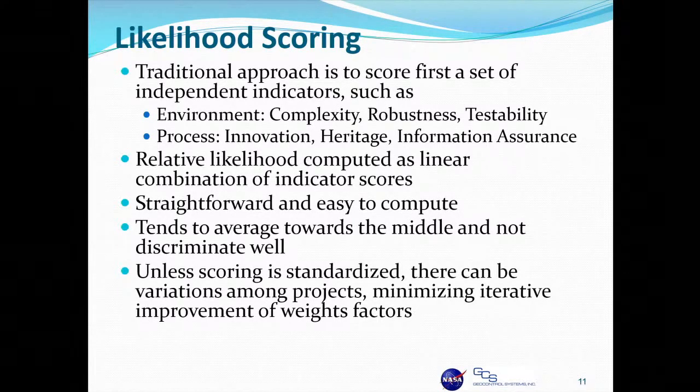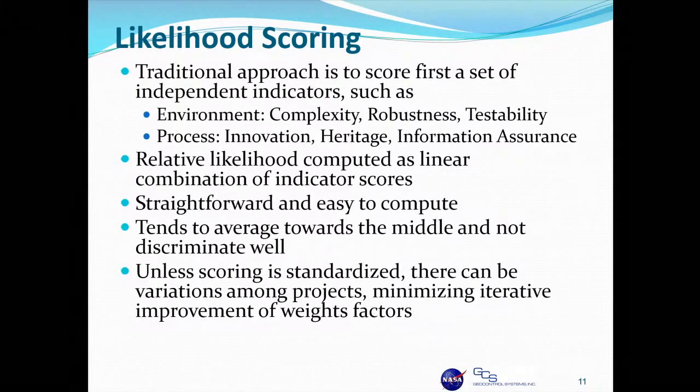From the environmental perspective, there is complexity, robustness, and testability, where complexity is how complex the function that's being implemented is, not necessarily the code. Robustness is the ability of the system or of that function to deal with uncertainty, and testability is obvious. So those are the operational environment kinds of characteristics that deal with likelihood.